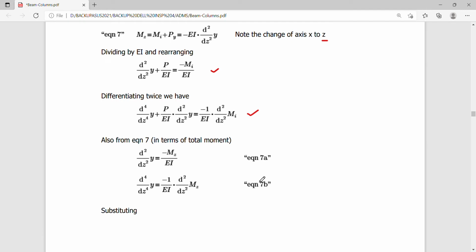So equation 7 is actually in terms of the total moment.